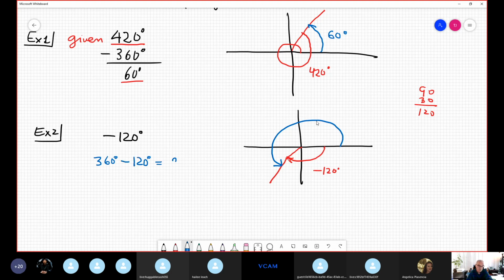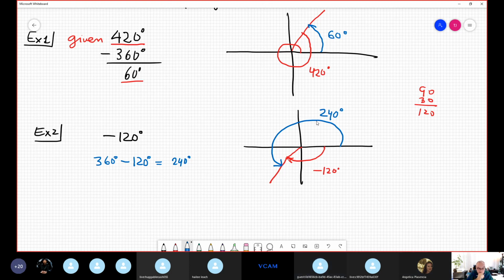It's 240. So in conclusion, 240, which is in the positive direction, and negative 120 degrees is the same angle. And therefore, they are coterminal, because they share the same terminal side. Make sense or no?